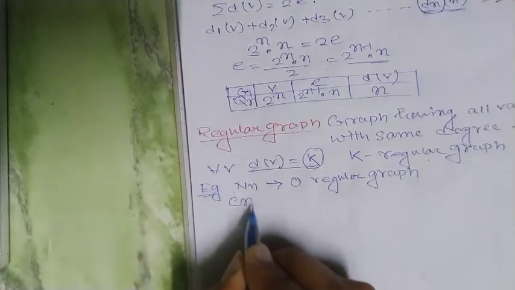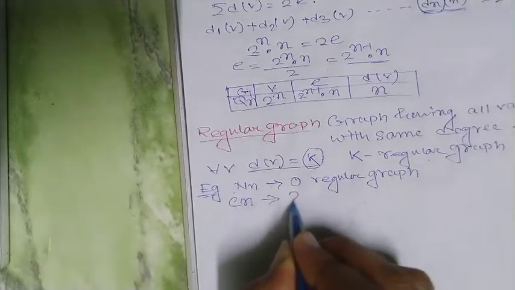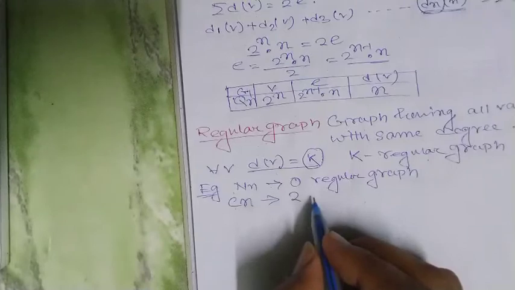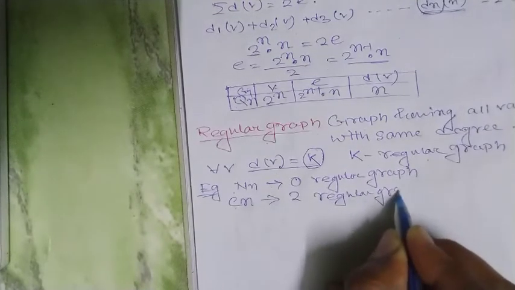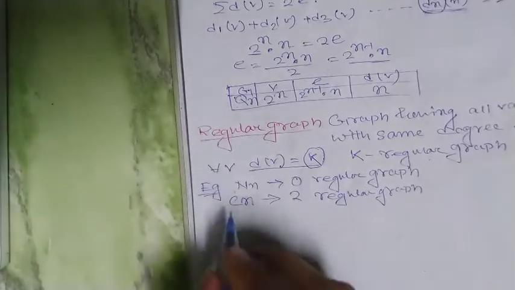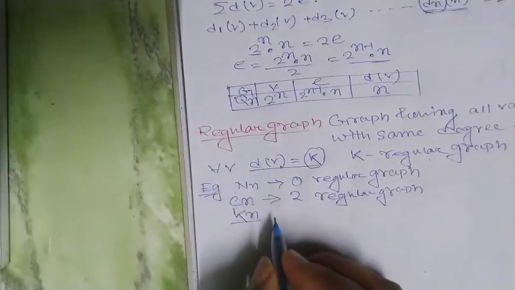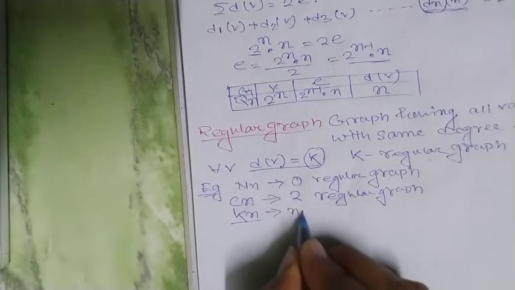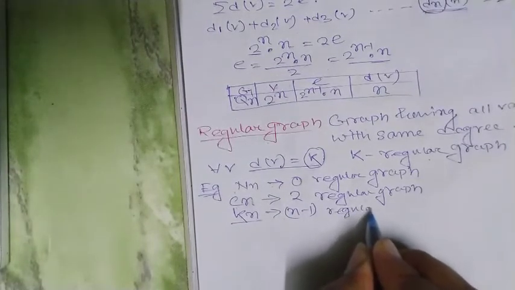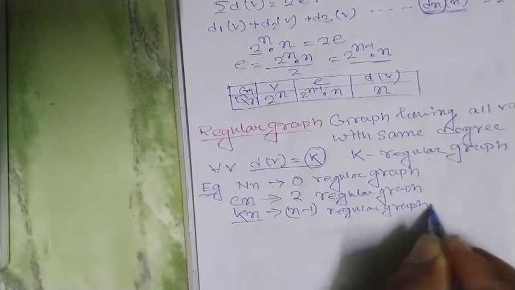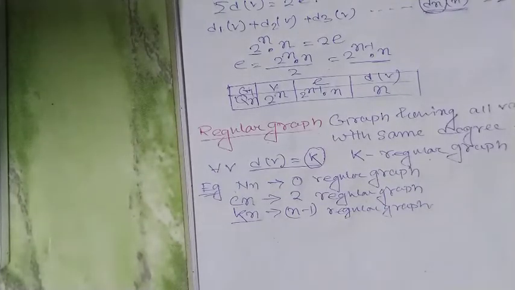Next we have the cyclic graph, where every vertex has degree 2, so this is a 2 regular graph. We have Kn or the complete graph, where every vertex has n minus 1 degree, so an n minus 1 regular graph. Okay, so this is the regular graph.